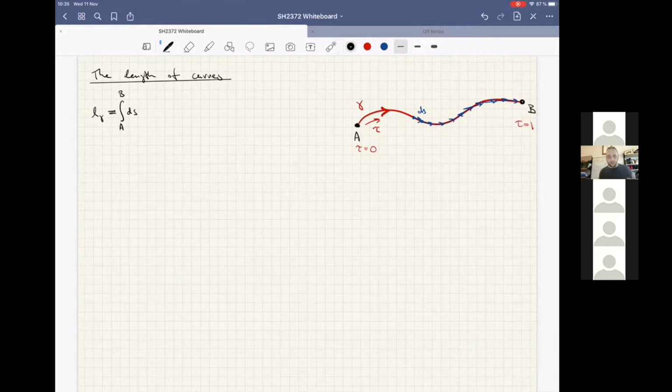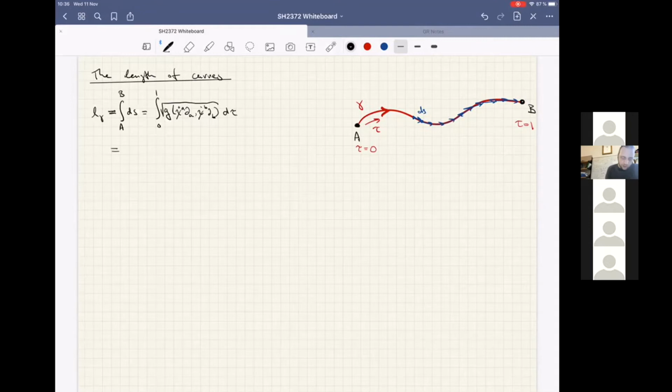And since I have this parameterization, I can rewrite this as the integral from 0 to 1 of the metric. I should have a square root here of chi dot A dA, chi dot B dB, and then I can take the tau squared out of the square root, and I only have d tau.